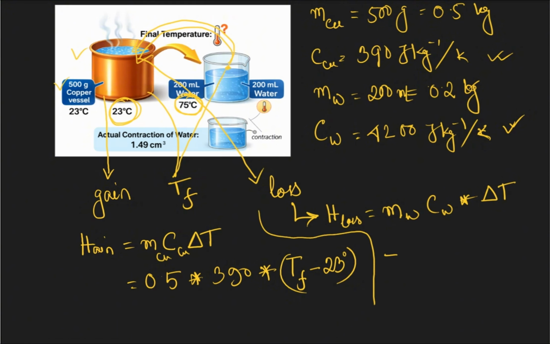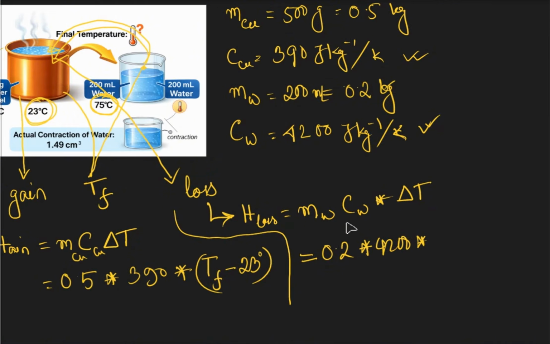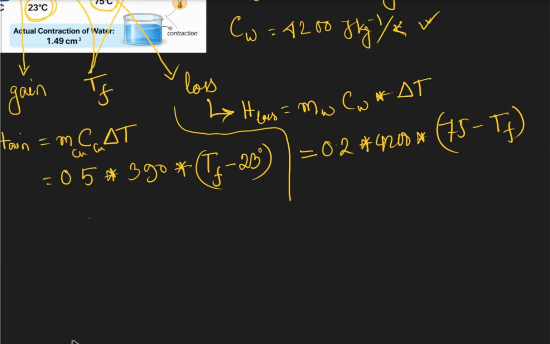So here the value m of water is equals to 0.2, C of water 4200, and the temperature difference is nothing but 75 minus T of F. So in this context, we have got the value of heat gain and heat loss.